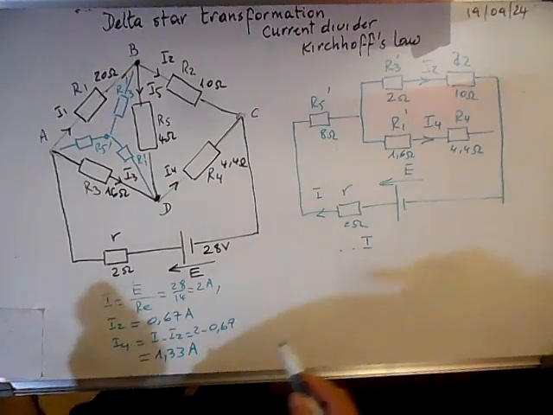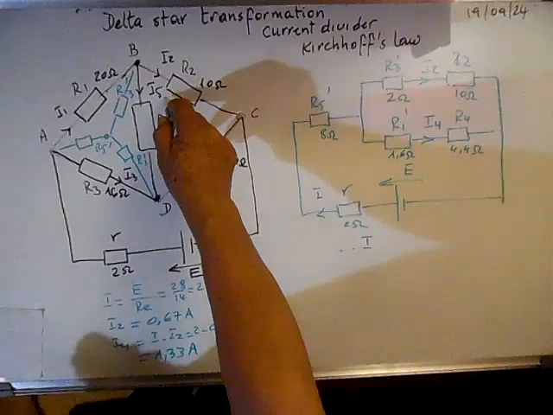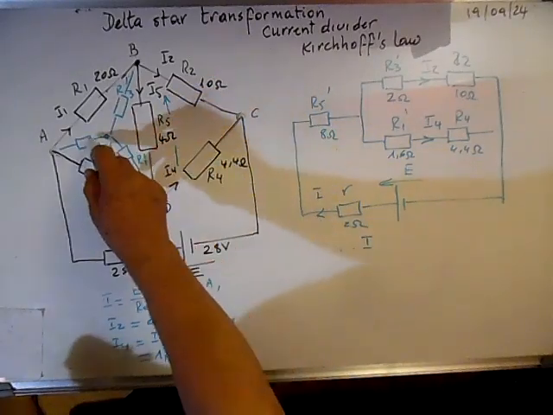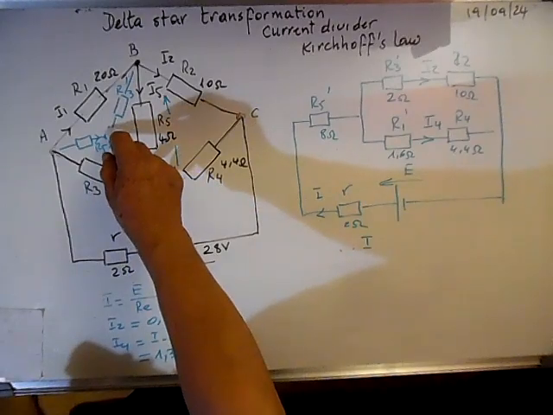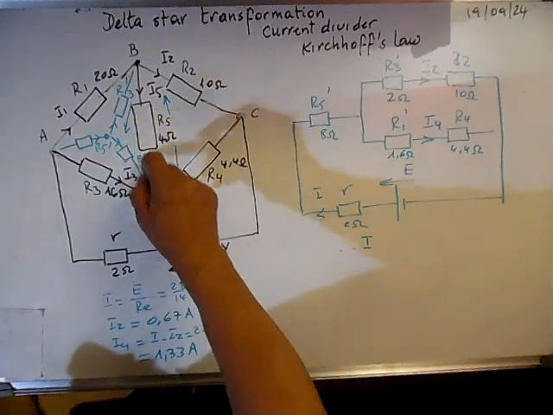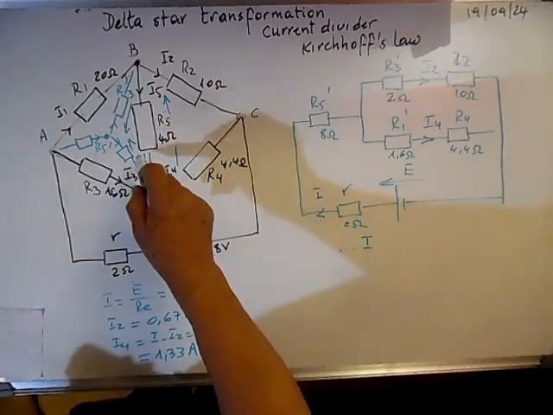To calculate the current flowing here, we have to know the voltage drop here. Remember that the current that flows here will flow here and here, and here we have a drop like this and a drop like this.